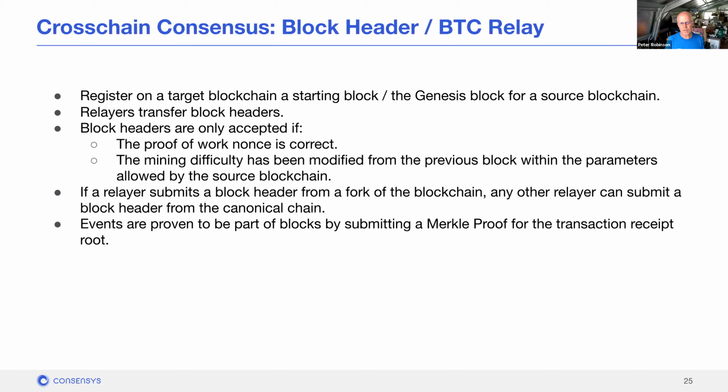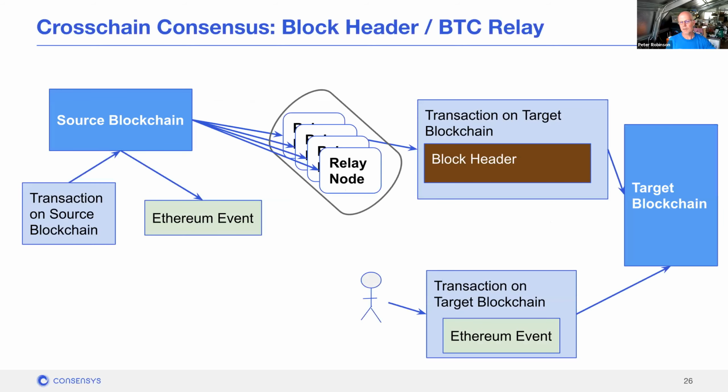So your events are then proven using a Merkle proof. So in many ways, it looks similar to the last scenario, but in this way, you're not signing anything. It's just down to the source blockchain's proof of work mining difficulty and its linkage between blocks.